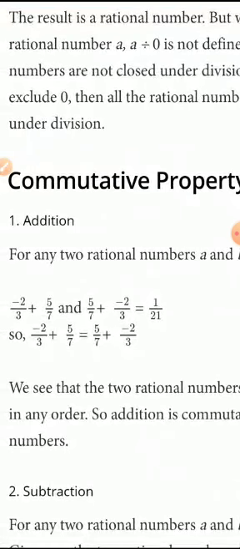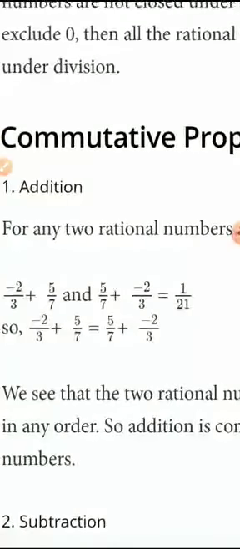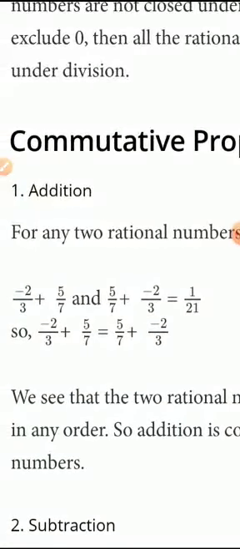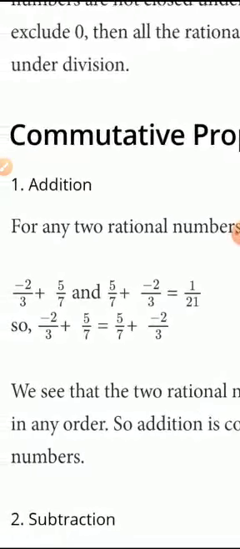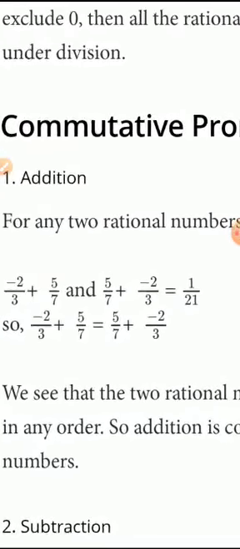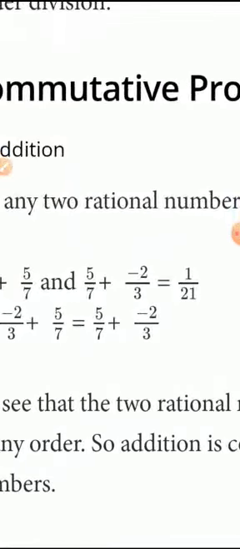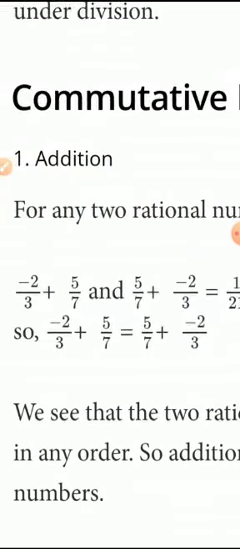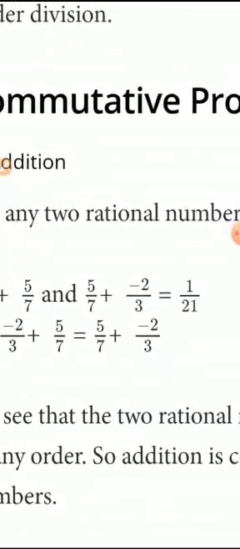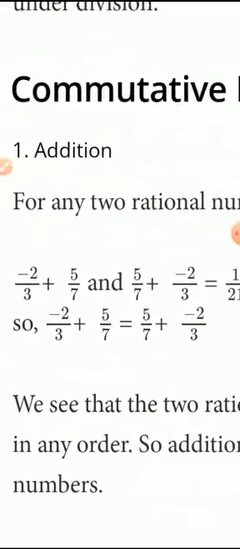Taking two rational numbers, minus 2 upon 3 plus 5 upon 7. If we add minus 2 upon 3 plus 5 upon 7, we get the answer 1 upon 21. If we reverse the order, taking 5 upon 7 plus minus 2 upon 3, then also the answer is 1 upon 21.